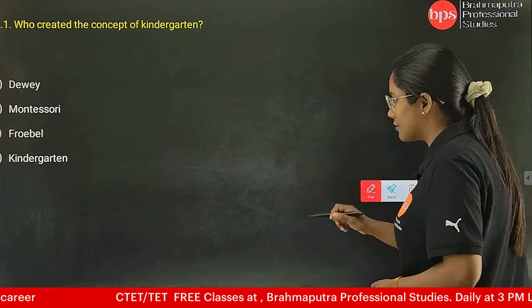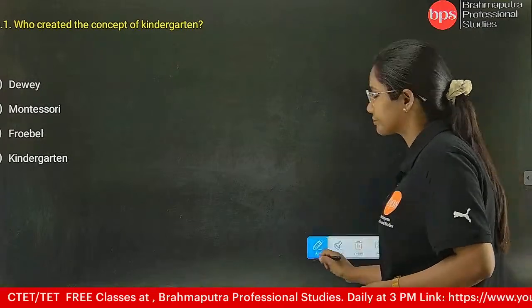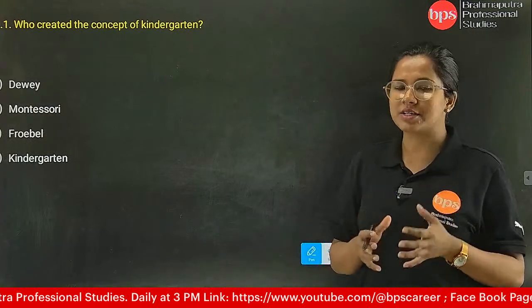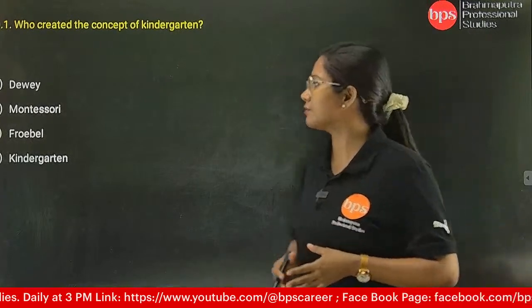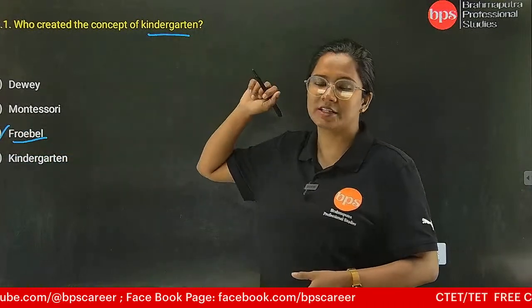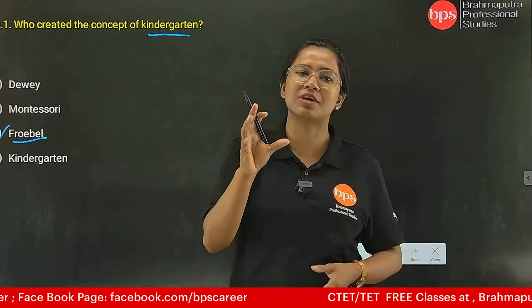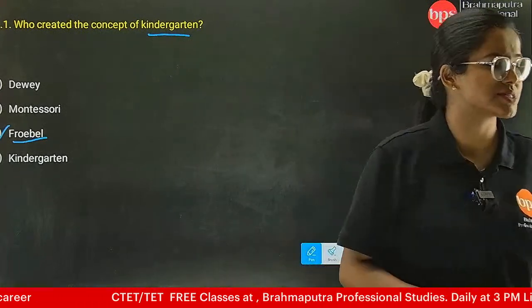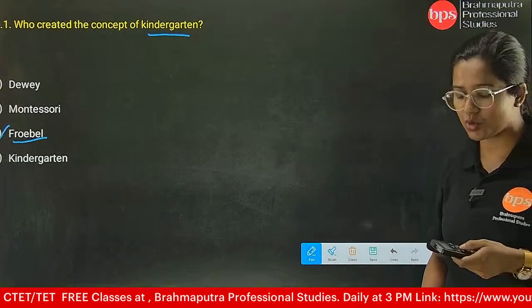So you may get confused with John Locke, John Dewey, Maria Montessori, and Froebel. So Froebel is the person who gave the concept of kindergarten. Now, in relation to kindergarten, what we understand, kindergarten is the system of education which is given to whom?